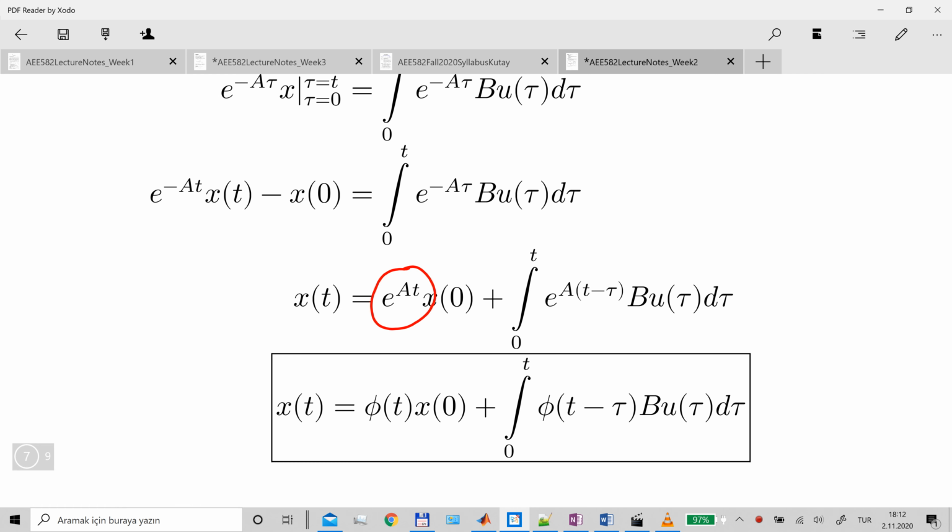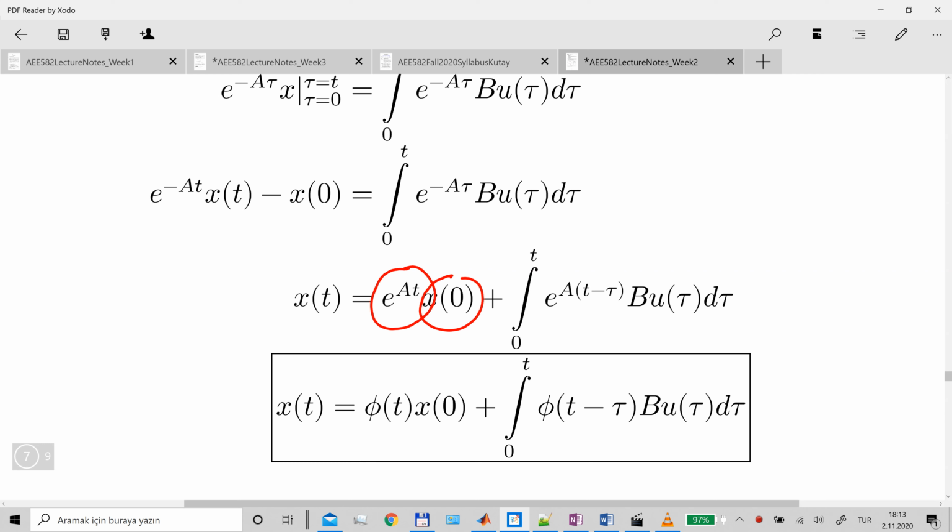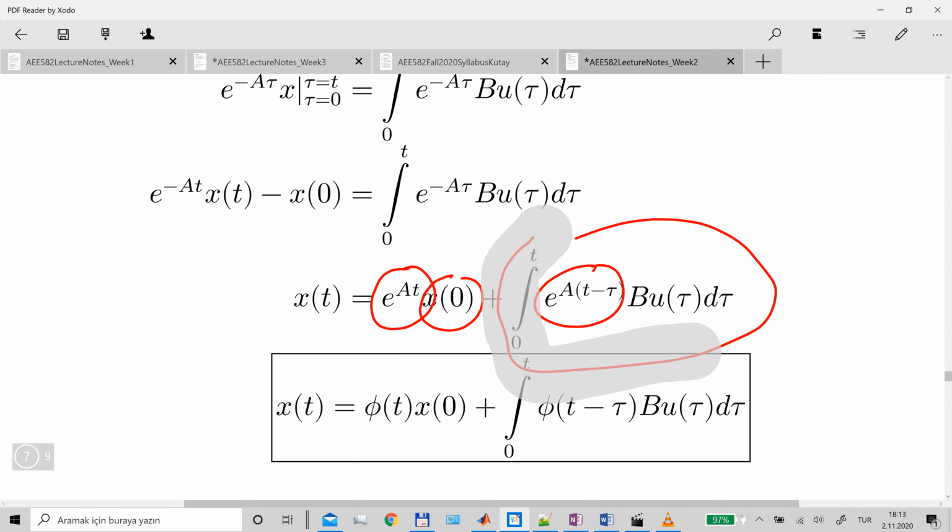So for the free response of the system, you obtain this matrix and multiply with the initial condition. And if you have the forced response, then you need to take this integral. Again, you have that matrix exponential. So let's, for the moment, assume that we're considering the free response of the system.